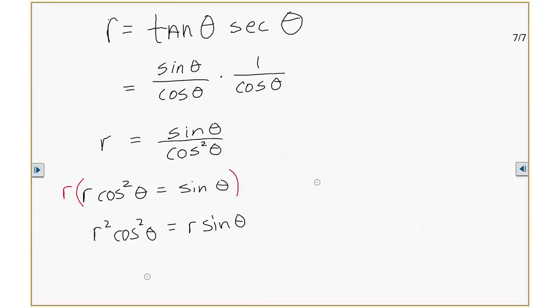Now work with that. See what you can do there. Hopefully you should start seeing it. If not, then mathematically you're a failure. Algebraically you're a failure.